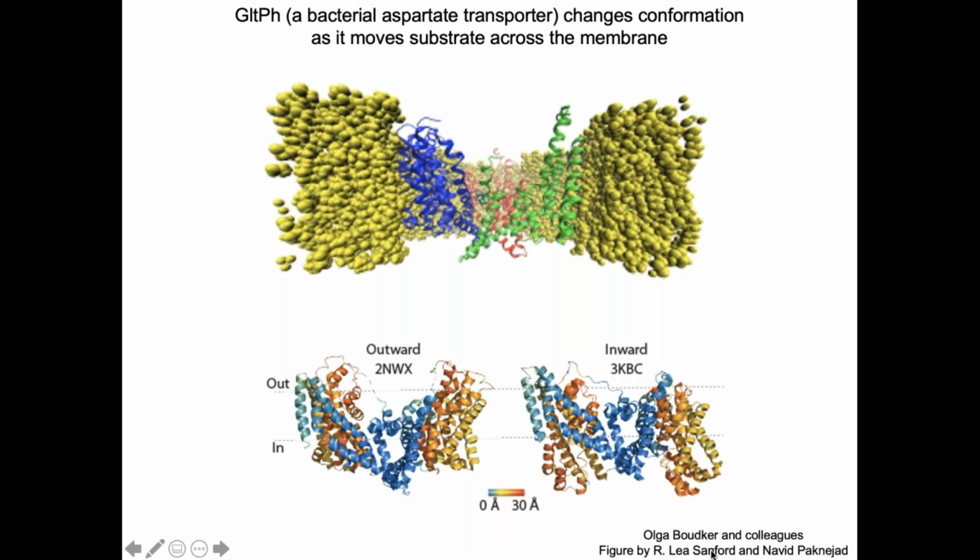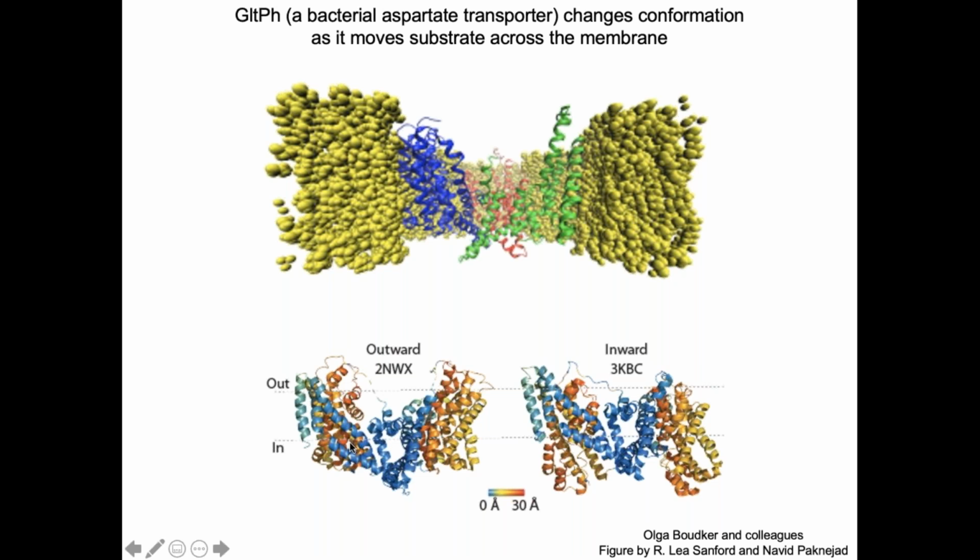And Leah Stanford, a student in my laboratory, together with a fellow graduate student, Naveed Paknejad, took Dr. Boudker's structures and color-coded them as a plot where you see the extent of the conformational changes that occur between these two conformations.